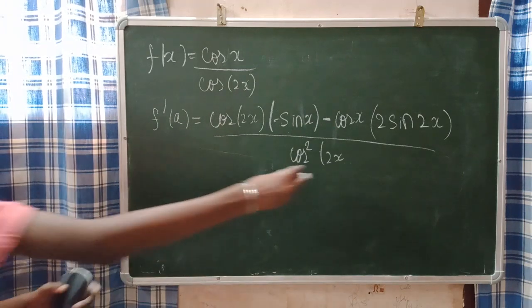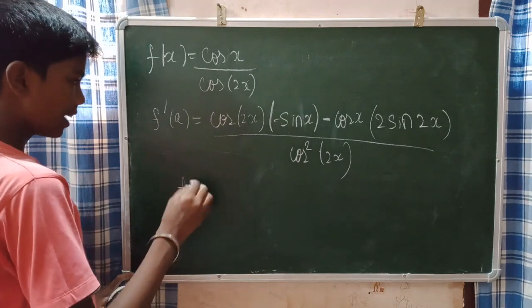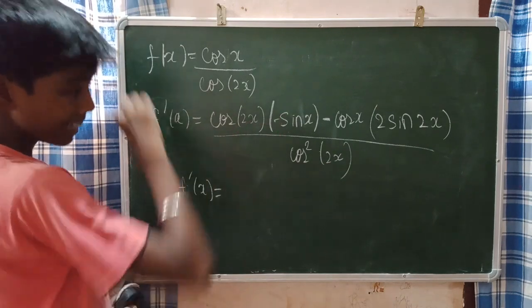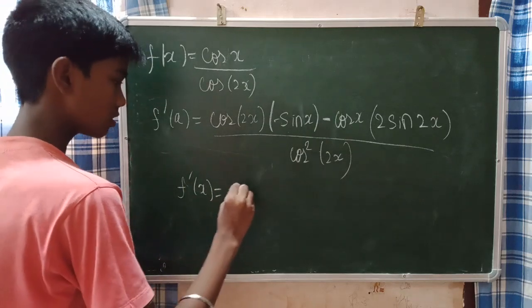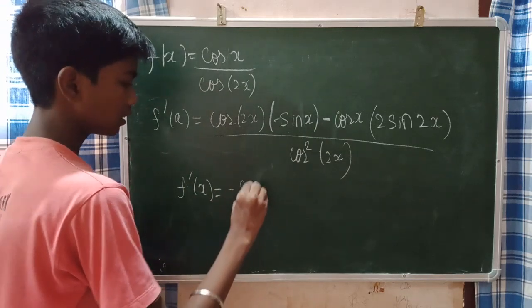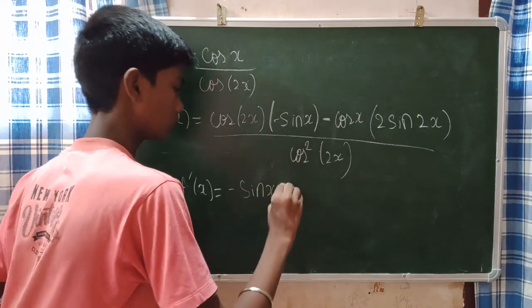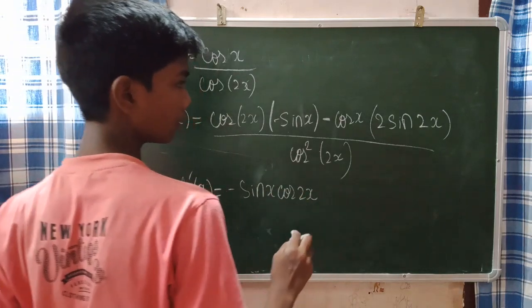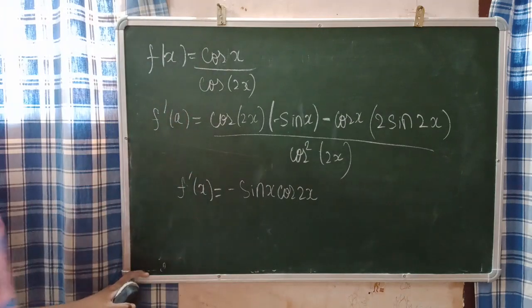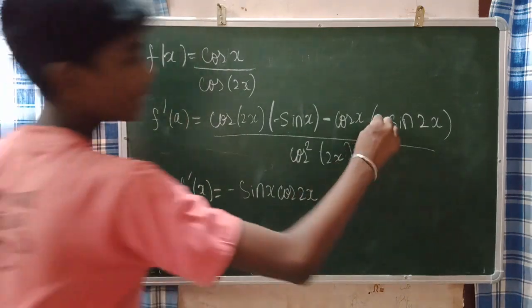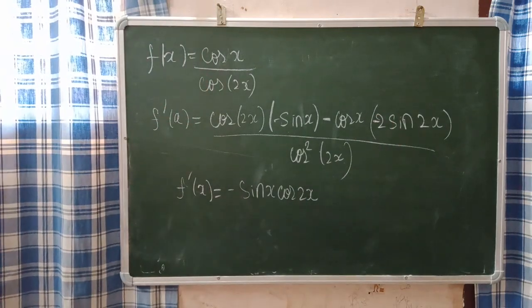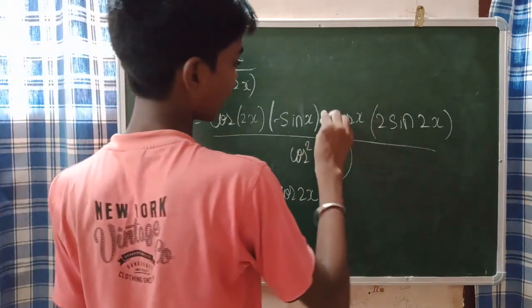So you are supposed to evaluate this. I will get f dash of x as cos 2x into minus sin x, that is minus of sin x cos 2x. Then guys, this is minus of minus 2 sin 2x, so minus into minus is plus.